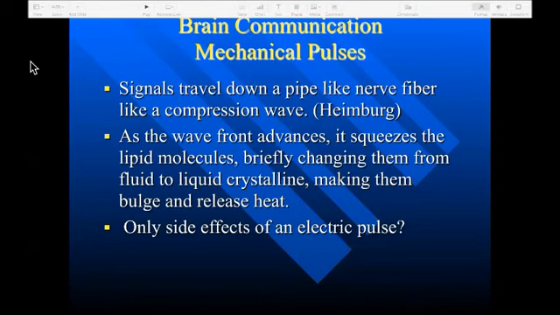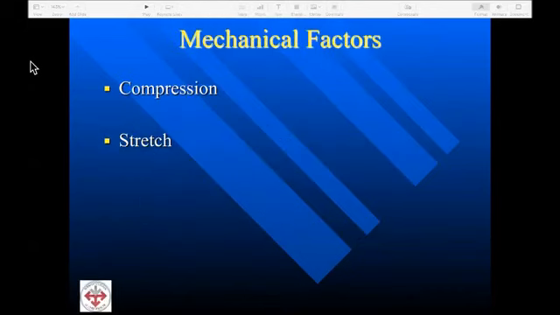As the wavefront advances, it squeezes the lipid molecules, briefly changing them from a fluid to a liquid crystalline state, making them bulge and release heat. There's some controversy regarding this model, whether these mechanical phenomena are secondary to the electric pulse we're all familiar with, the Hodgkin-Huxley model, or whether they're only side effects or secondary manifestations of that electric pulse.